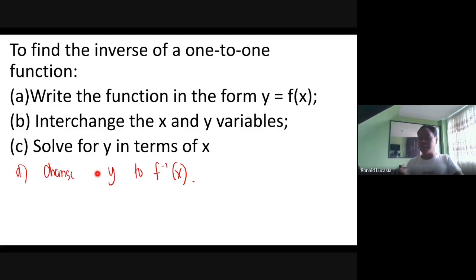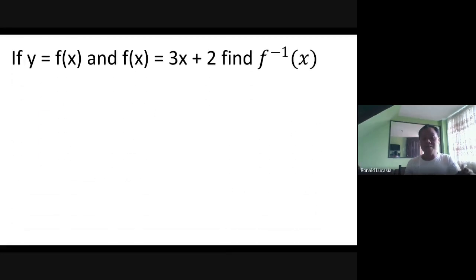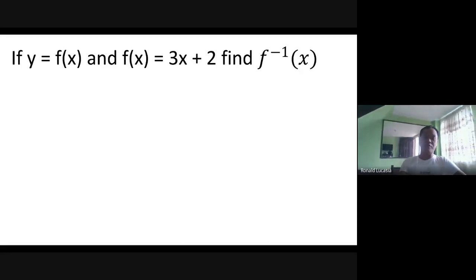I also included here finding the domain and the range of the given function. Kasi mas madali siya. Okay, let's have number one. If the given function is f of x equals 3x plus 2, we have to find the inverse, or f inverse of x.